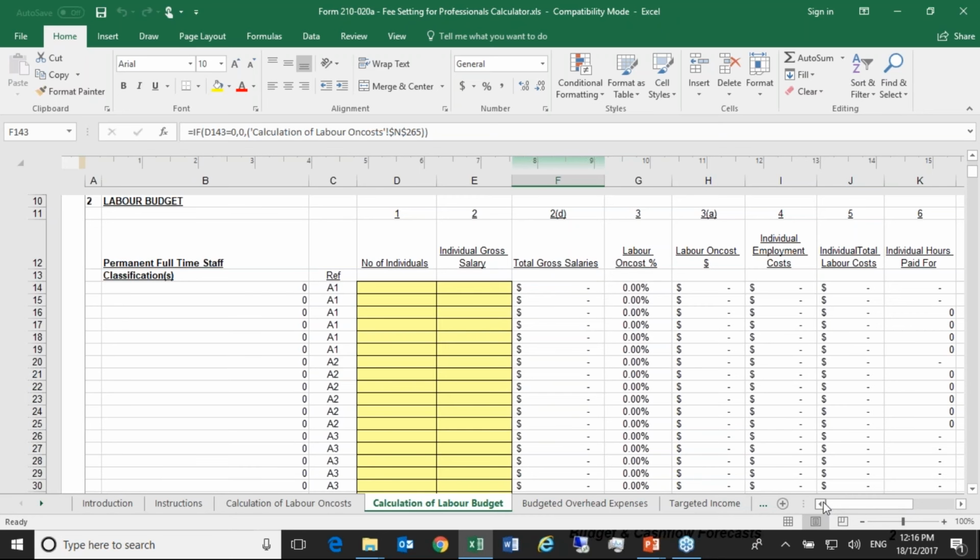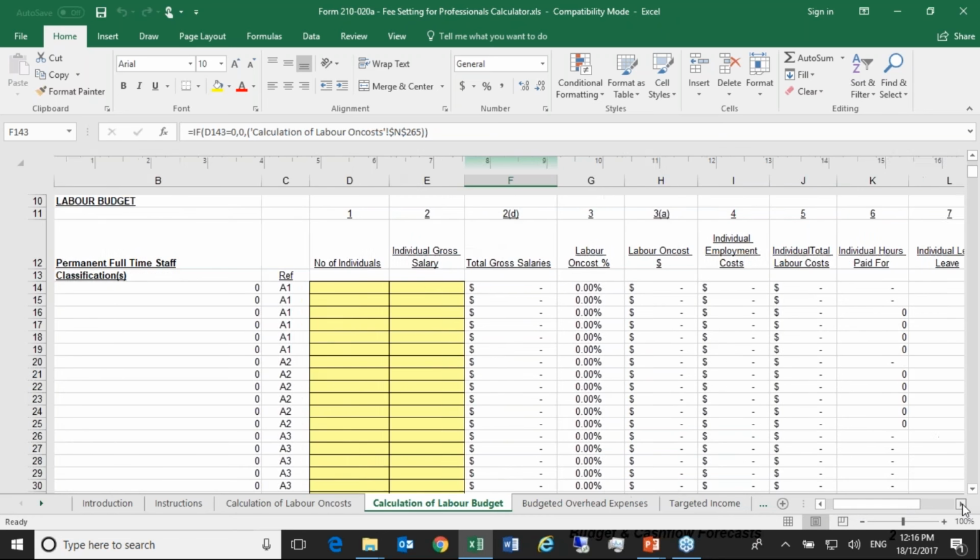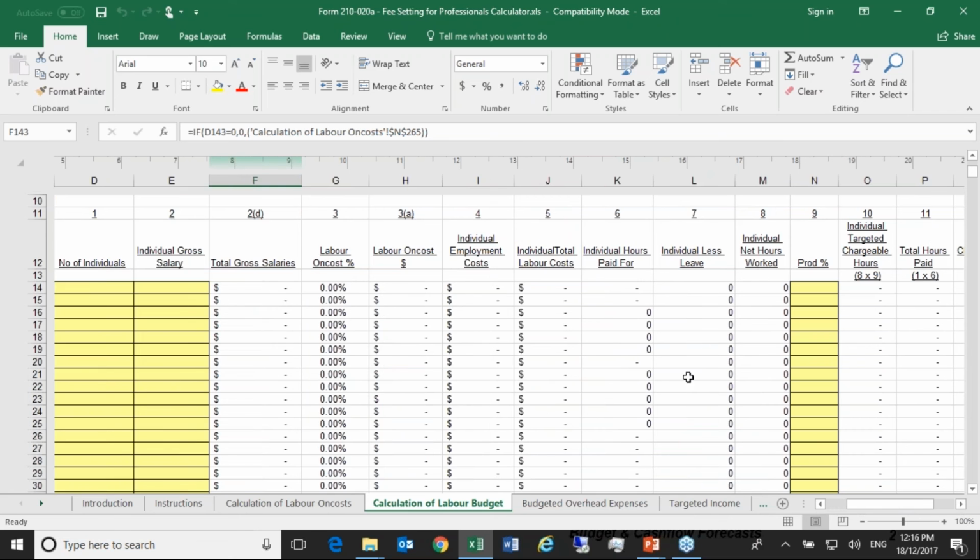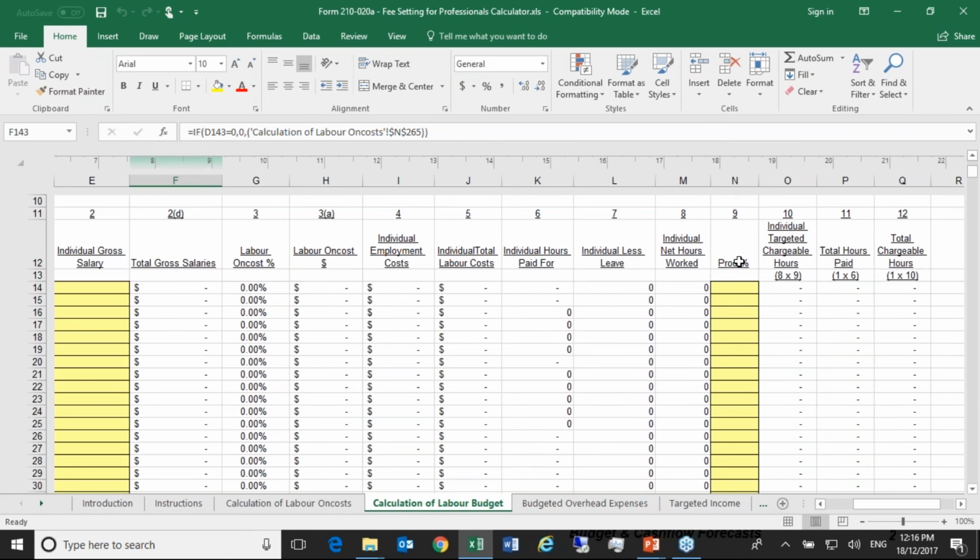You insert the gross salary, the system will then do the calculations to determine labour on cost, individual employment costs, the leave, individual net, and then the key question that you will have to insert, or the person preparing this for a client, is what is the expected productivity percentage for each of these labour components.